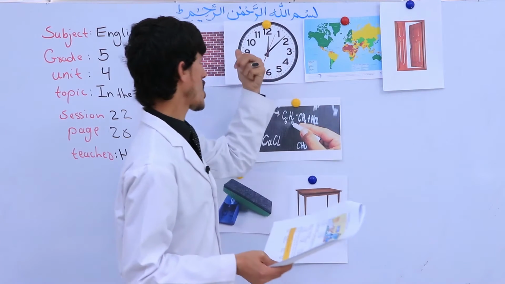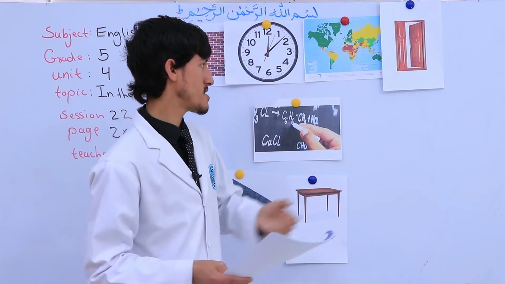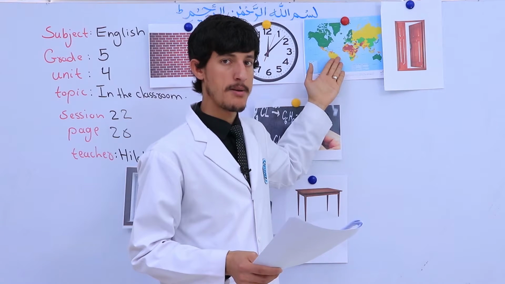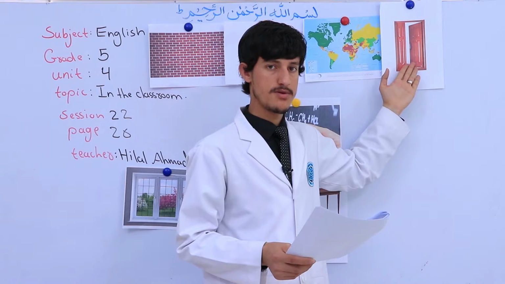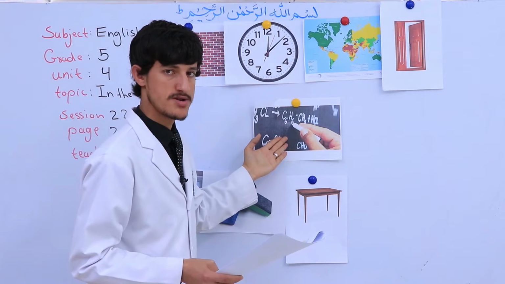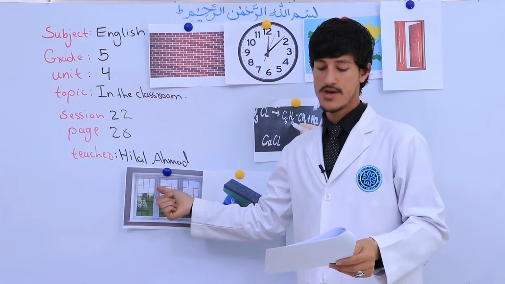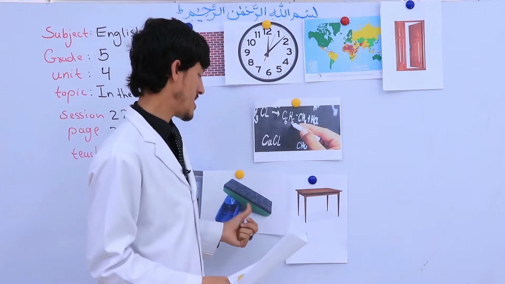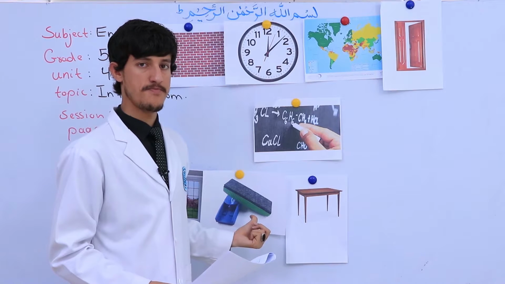Clock, clock. Word number 2, clock. Word number 3, map, map. Word number 4, door, door. Word number 5, window, window. Word number 6, eraser, eraser.